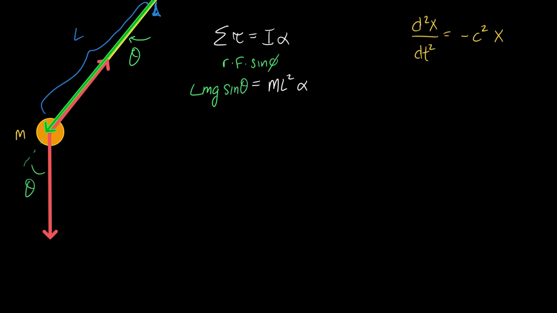I can clean this up a little bit. First, I can cancel out the M. I can cancel out one of the L's. And I'm left with alpha equals g over L sine theta. And measured from theta, the restoring force is negative.